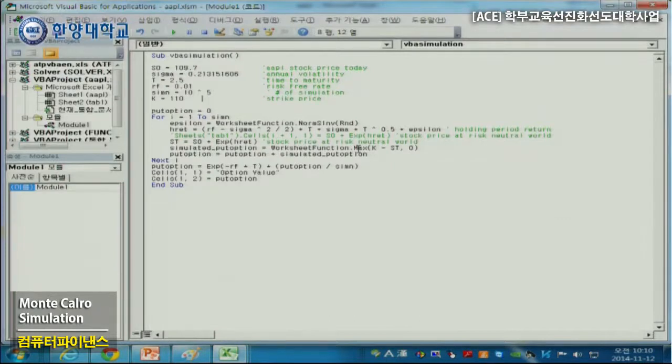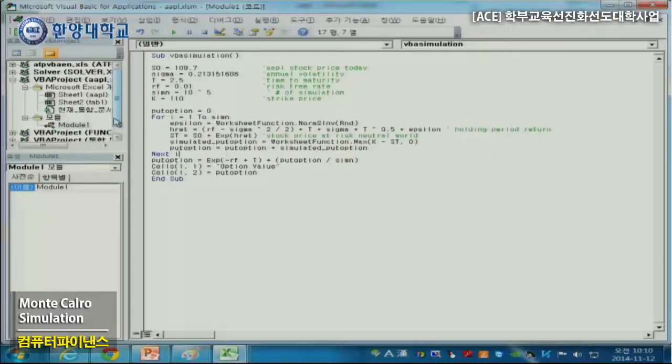Very simple, right? Let me delete this one. I don't need this one. What a simple way of calculating option value.